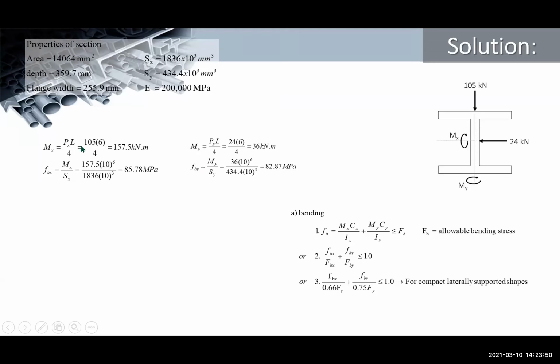For those who are confused, where does the PL over 4 come from? Since this is assumed to be a simply supported beam, right? A simply supported beam with a concentrated load at the midspan.